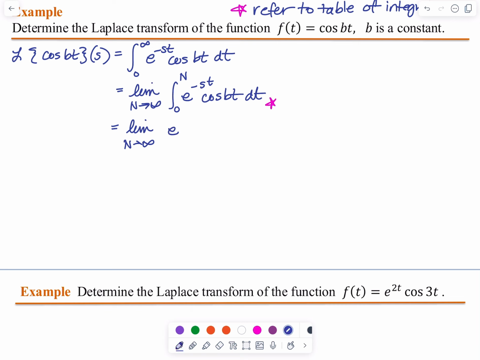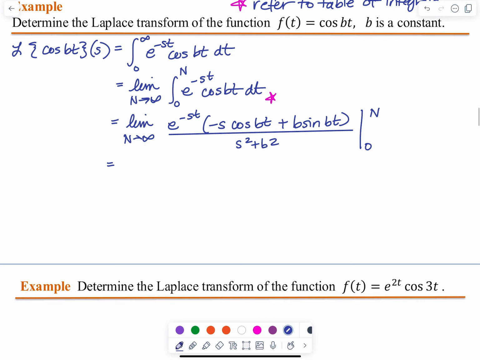And using your table, you will come up with e to the negative st, and in the numerator we have negative s cosine of bt plus b sine of bt. And then that's divided by s squared plus b squared. And we will evaluate that from 0 to n.